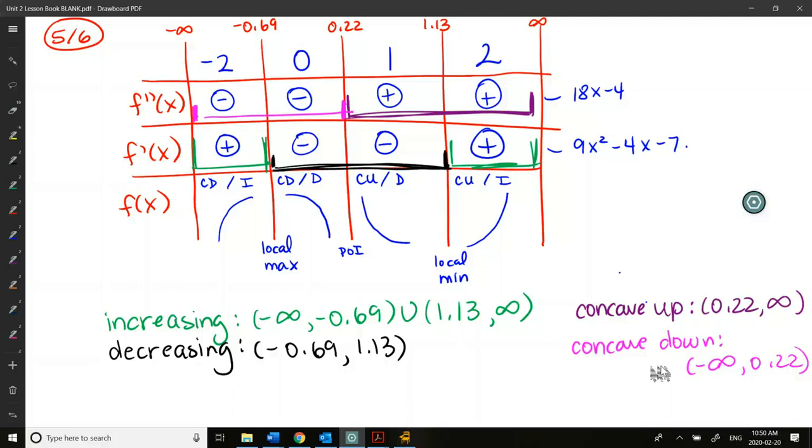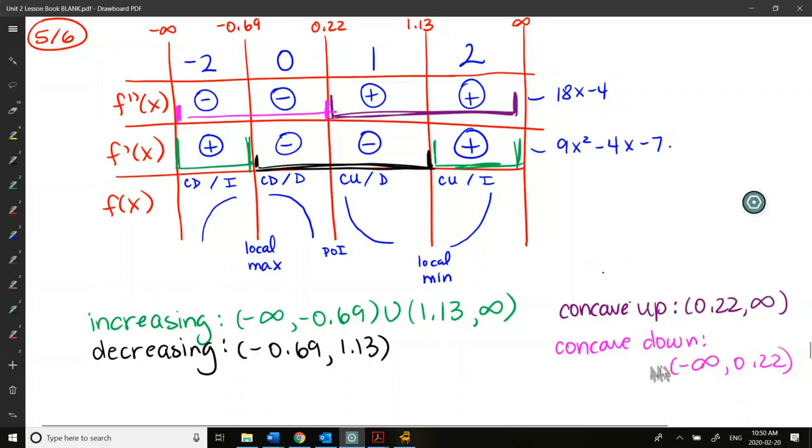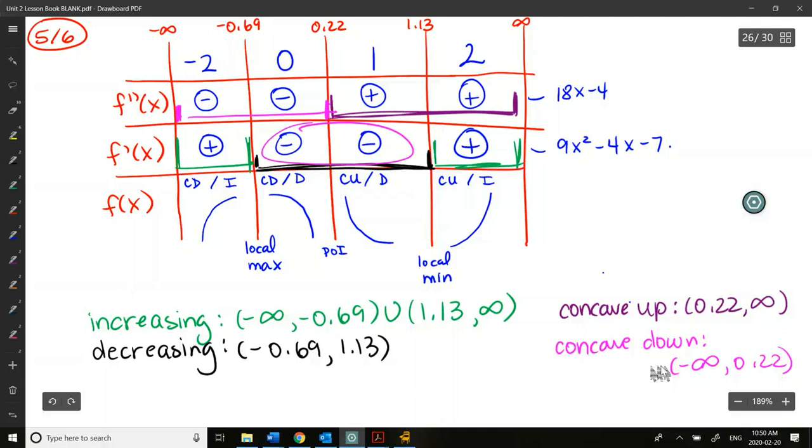Right. If that was an asymptote, then we would exclude it from both intervals. So would it be increase and decrease and concavity, so x is less than 0.22? Yeah, so you would essentially just have to break up this interval in between here.